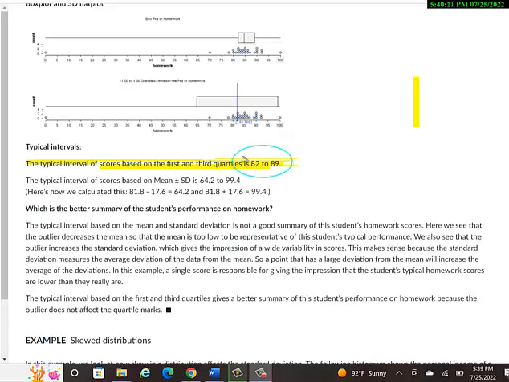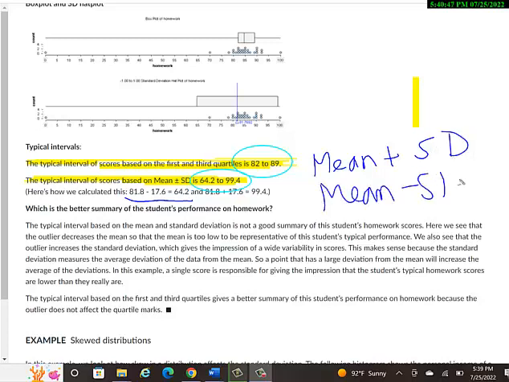So a 7-unit range. But on the other hand, if you use mean and standard deviation, the typical interval is between 64.2 and 99.4. The calculation was 81.8 and 17.6, subtract them, you get 64. Remember on the previous page we said mean plus standard deviation will give you the highest value, and then mean minus standard deviation. That's where they got these two.